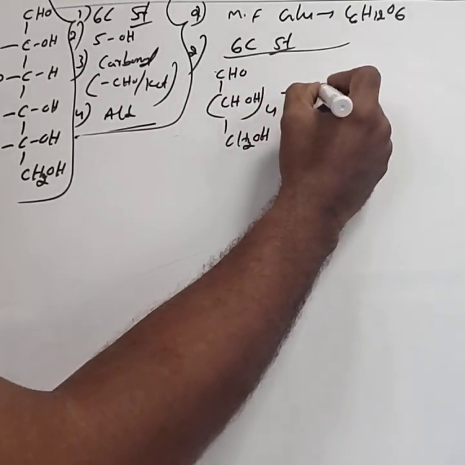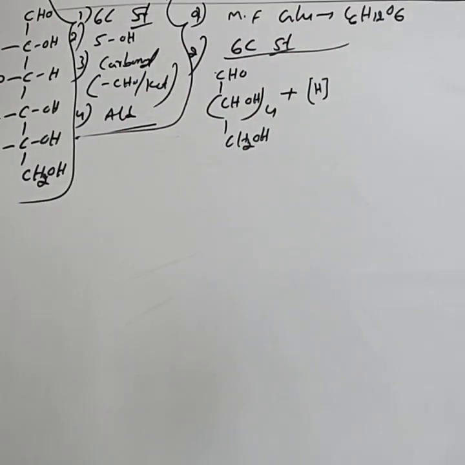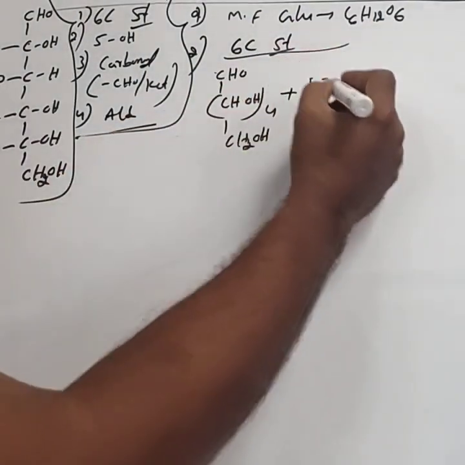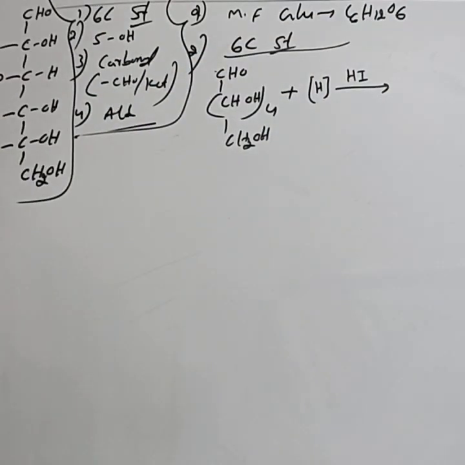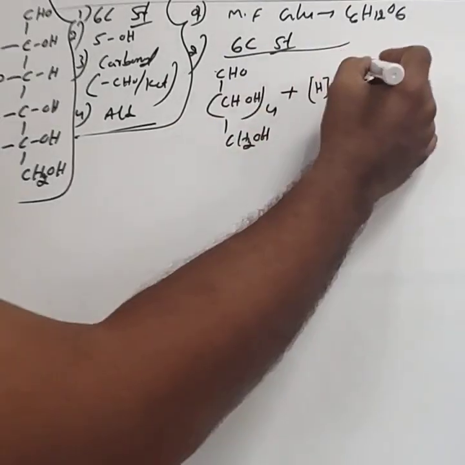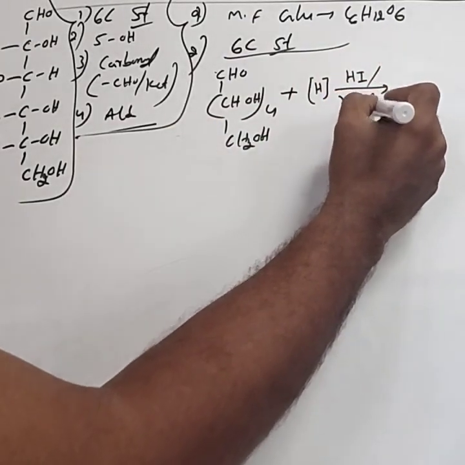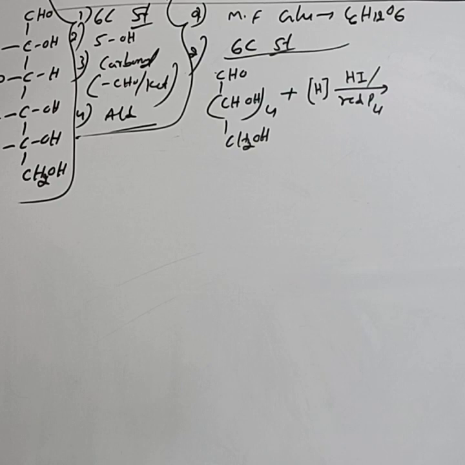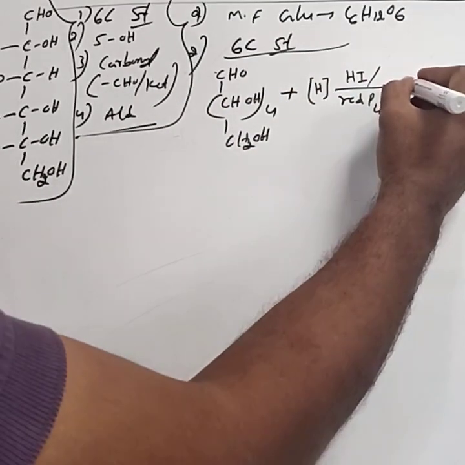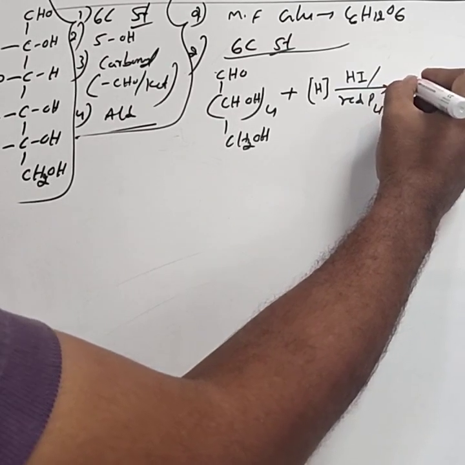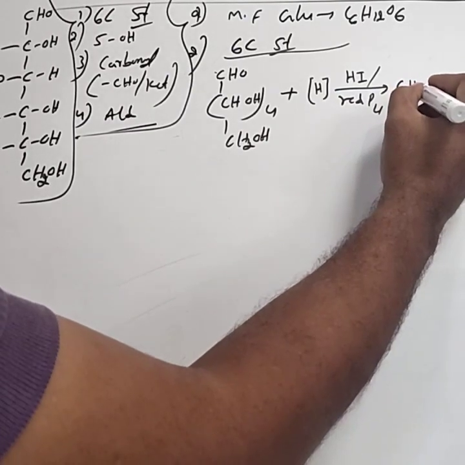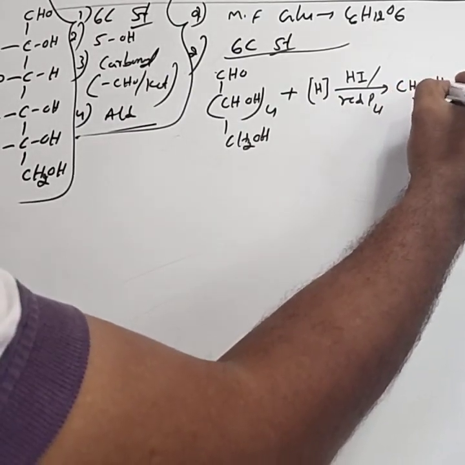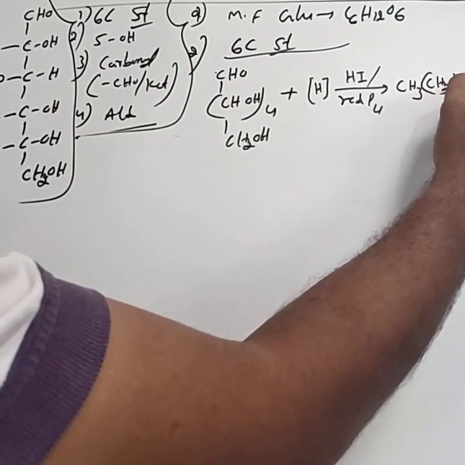Glucose on reduction, meaning addition of hydrogen, with HI, hydroiodic acid, and red phosphorus gives normal hexane. The formula of normal hexane is CH3, (CH2)4, CH3.